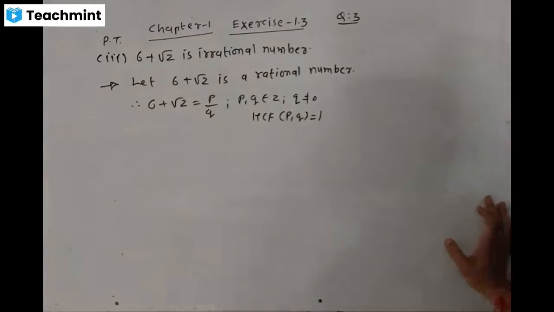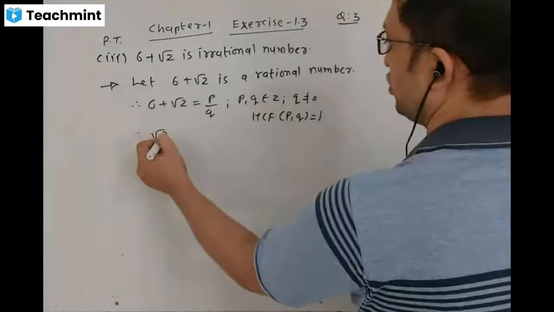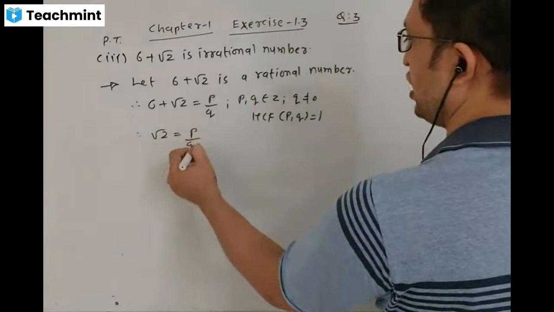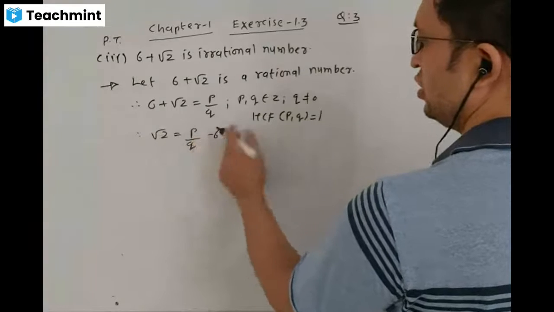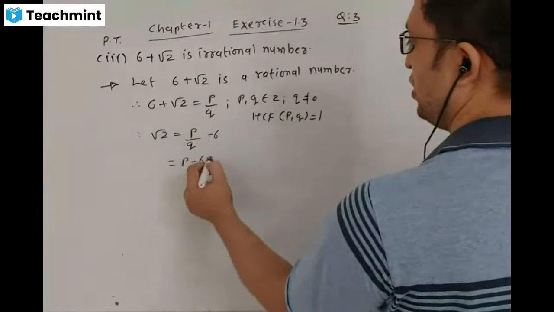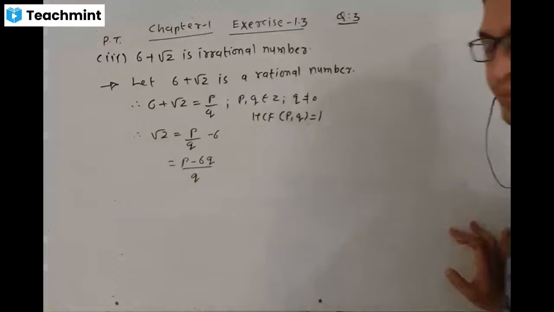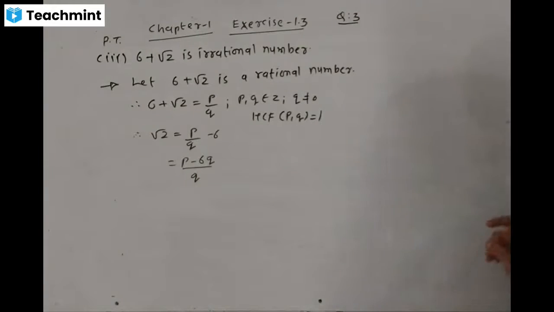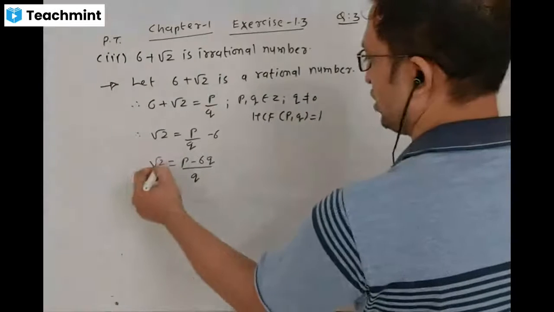Where P and Q are integers, Q not equal to 0, and HCF is 1. Transposing 6 to the right side, root 2 is equal to P by Q minus 6. Taking LCM, P minus 6Q upon Q is in P by Q form. Therefore, it is a rational number.